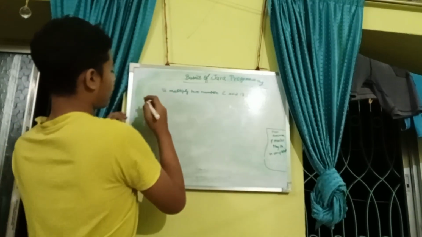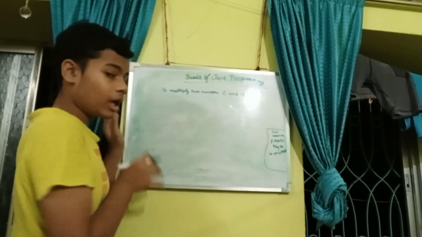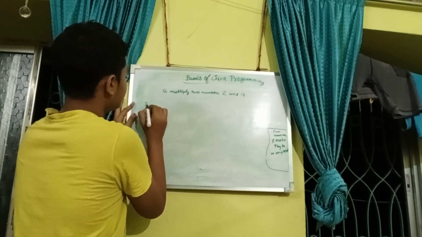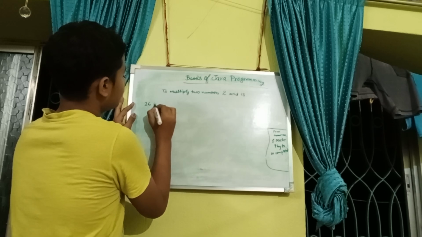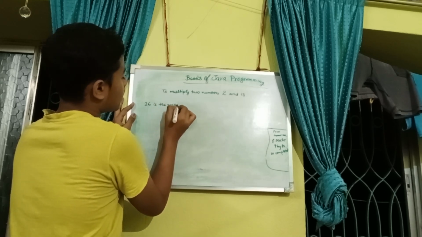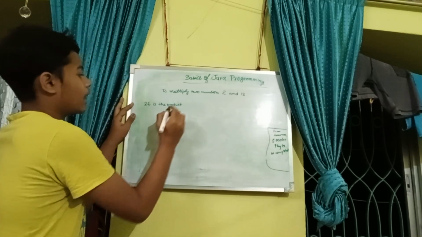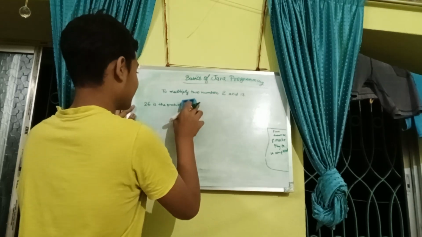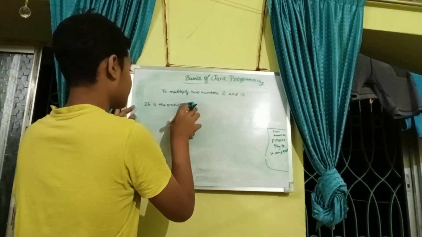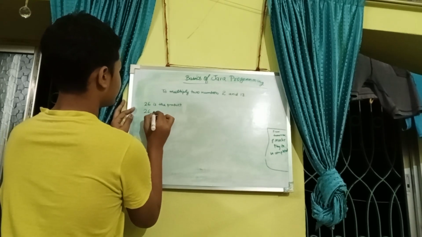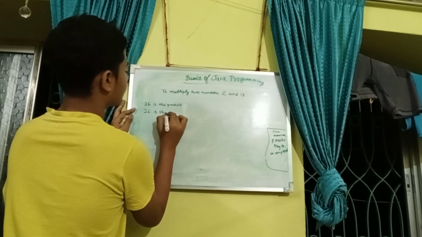So the output will be here. 13 into 2 is 26 is the product. I have not given a full stop, very sorry. The same thing will be printed here: 26 is the product.